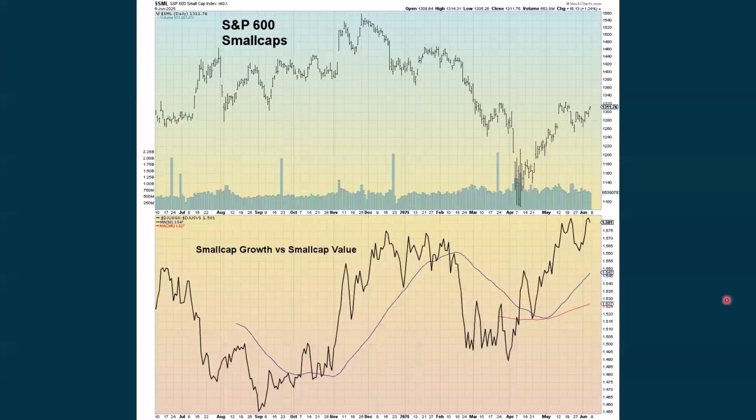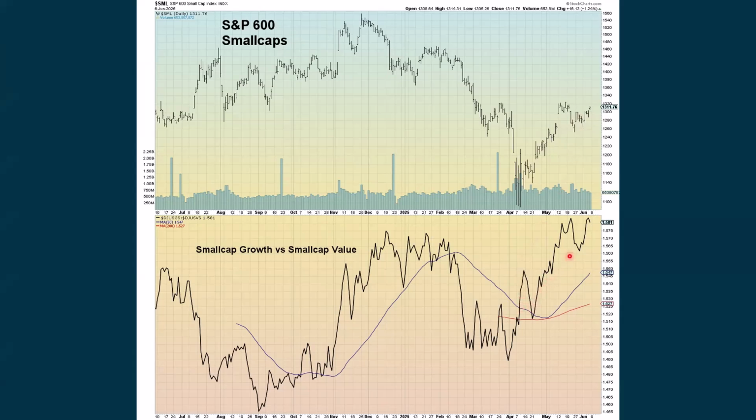Then we break it out and look at the small caps, where even though the small caps haven't been doing all that well, this is the small cap index that I follow here. It's the S&P 600. It's been just kind of chopping along sideways. It did have a good day on Friday, but it really hasn't been moving all that much. But when you look inside and you compare growth to value, growth is actually doing better.